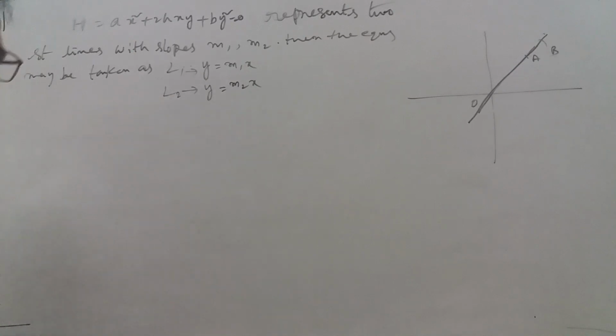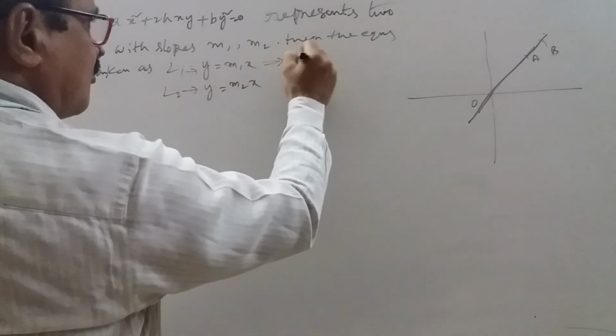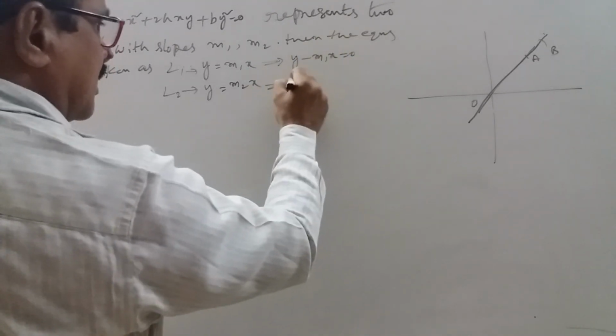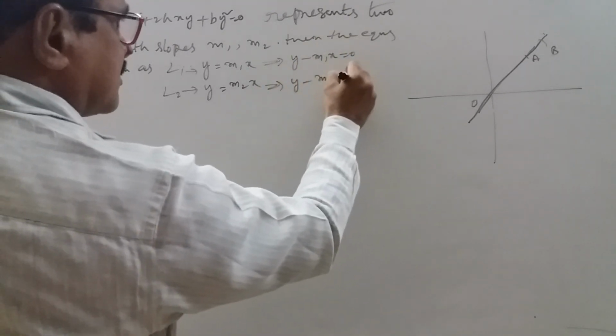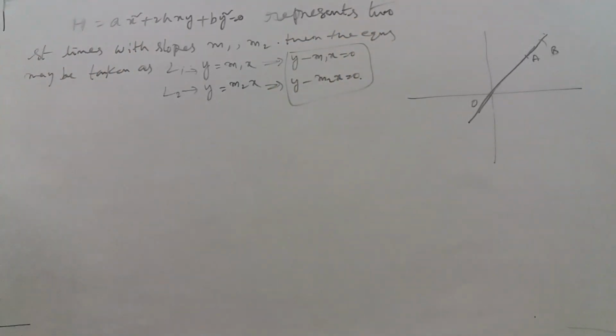The difference is only slopes. That implies y minus m1x is equal to 0 and y minus m2x is equal to 0. These two are the lines individually with slopes m1 and m2.